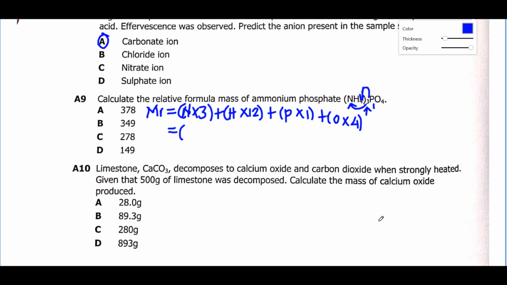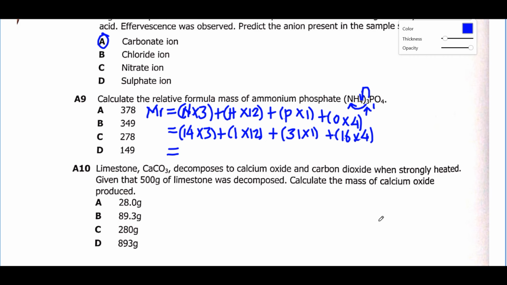So the mass number for nitrogen is 14, plus hydrogen is 1, plus phosphorus is 31, plus oxygen is 16 by 4.